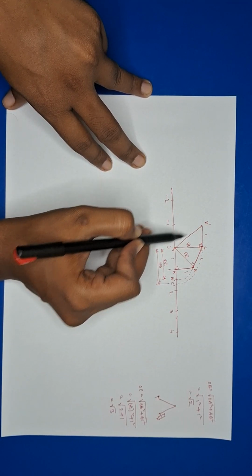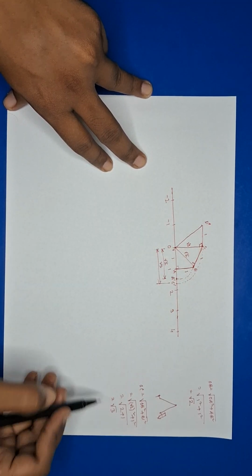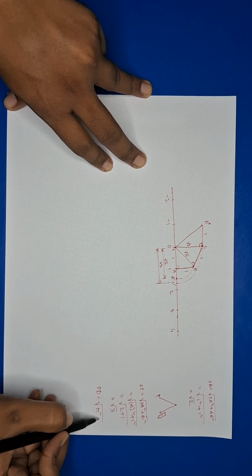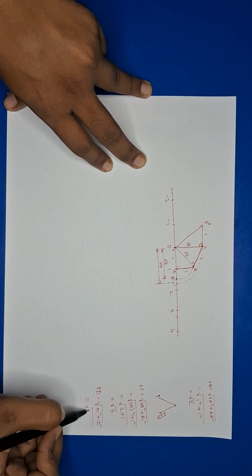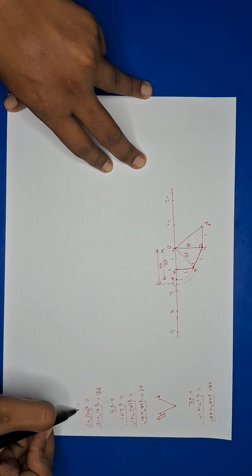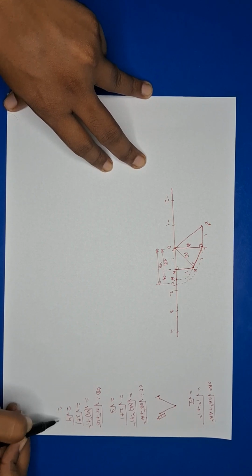So how much will be OD? OD square will be OC square plus CD square. How much will be that? Root 3 square plus CD square 1 square, that is equal to 3 plus 1 is equal to root 4. And we know what is root 4.